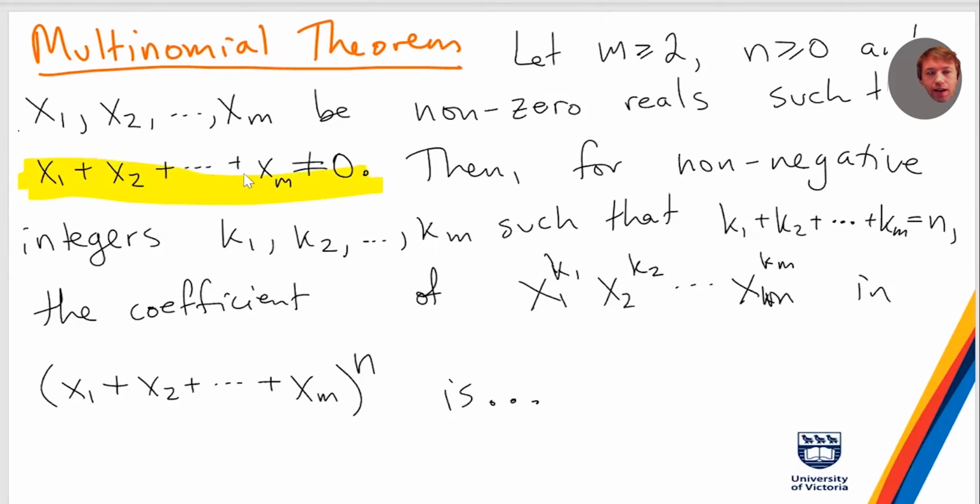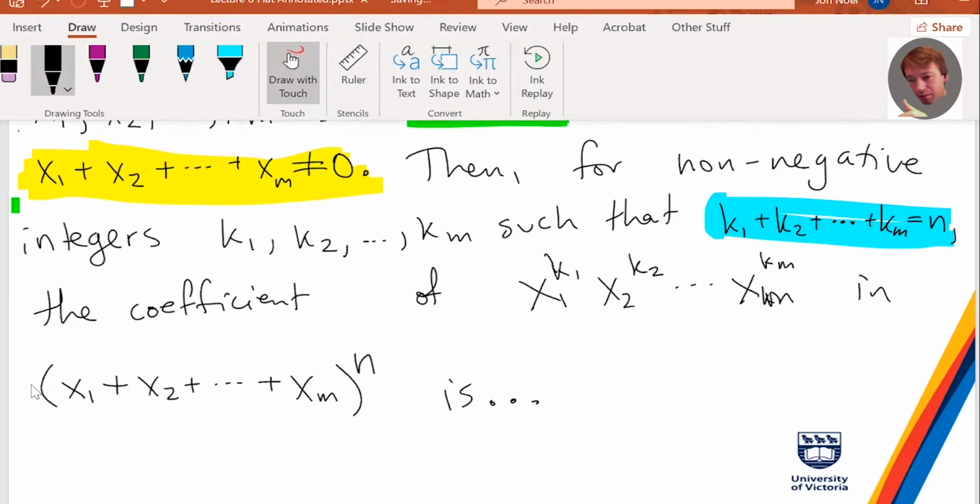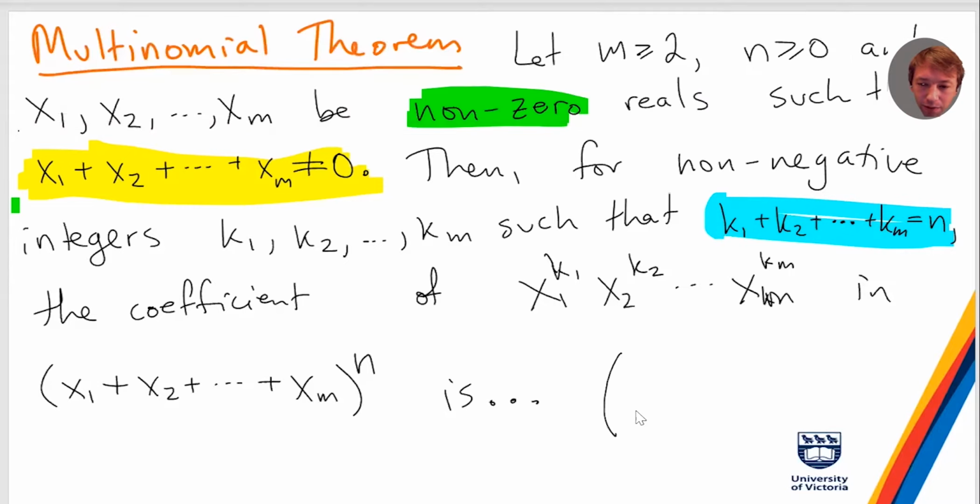Then for any integers k1, k2 up to km, where they add up to n, the coefficient of x1 to the power k1 times x2 to the power k2 all the way up to xm to the power km in the expansion of x1 plus x2 up to xm, to the n, is the multinomial coefficient n choose k1, k2 up to km, which is the same as n factorial over k1 factorial, k2 factorial, up to km factorial.